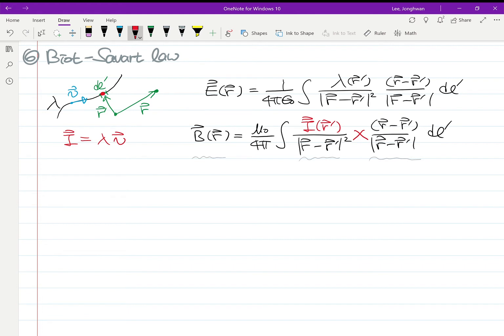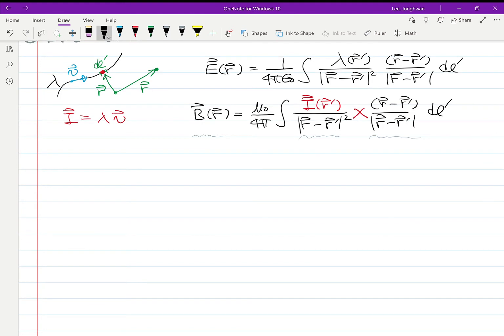And let's expand this idea into two-dimensional space. So if you have a set of charge distribution, it can be defined by sigma, the surface or area charge density. And of course, this will generate the E field.